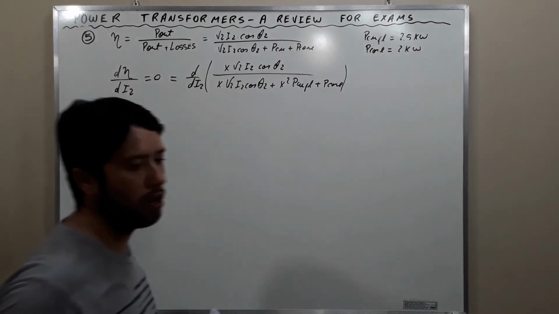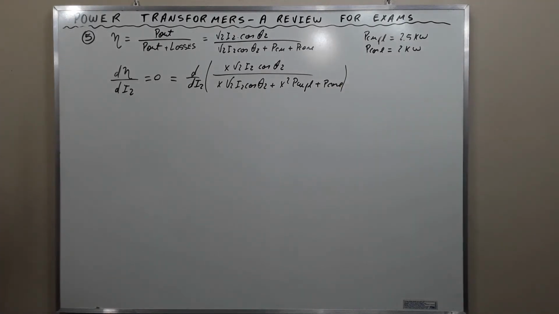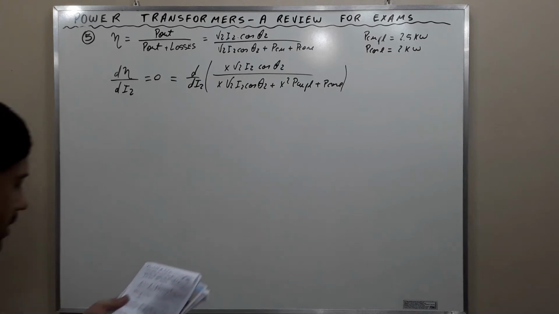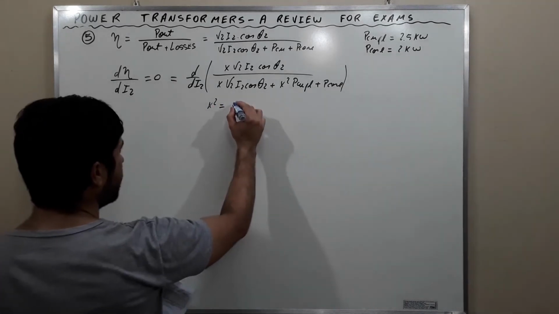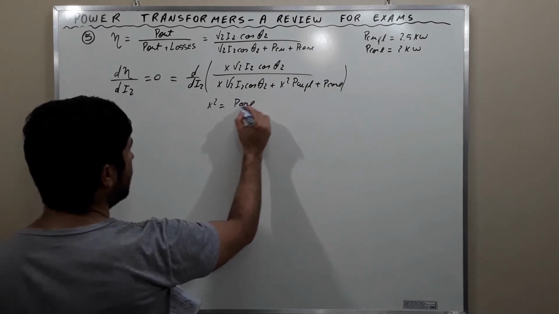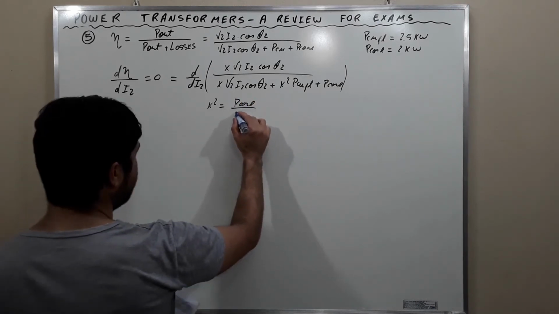The core losses are somewhat fixed. Okay, and when we take the derivative, we discover that x squared is equal to P core over P_cu full load.